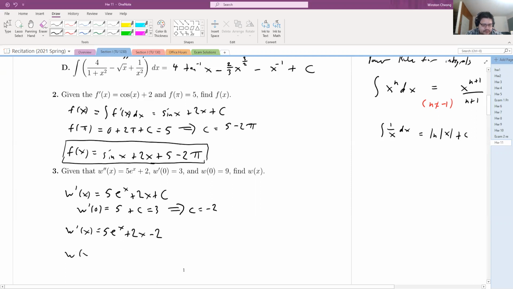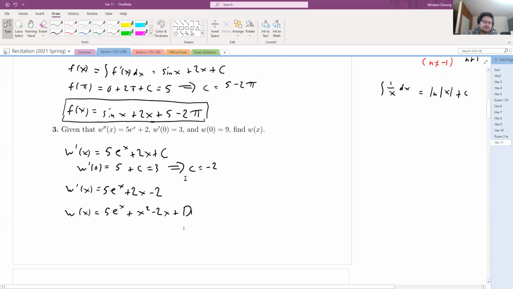We integrate this function, which is going to give us w of x. And term by term, 5e to the x plus x squared minus 2x plus another constant. I'll say plus d, since I want to separate these two different constants from each other. Okay, and now we use the other condition. So w of 0 is supposed to equal 9.